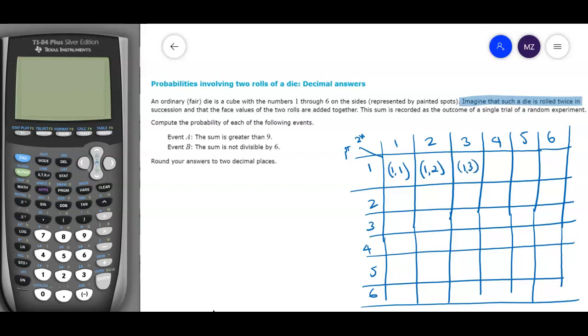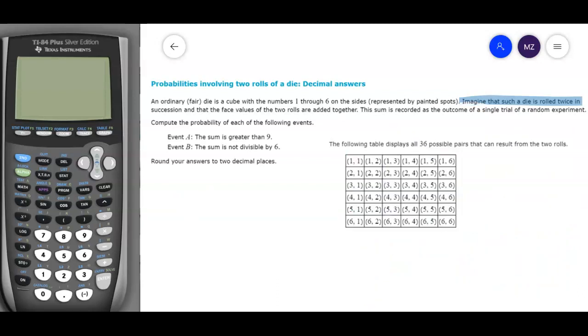For the second line, it's going to be 2 for this and 1 for this, and I think you get the whole idea. It can be 5, 4, or for this one, for example, 6, 2, and so forth. I'm going to get the table done, and then I think it's better.